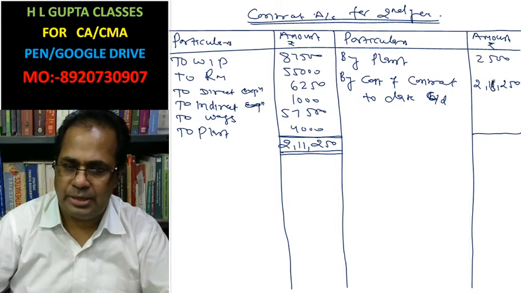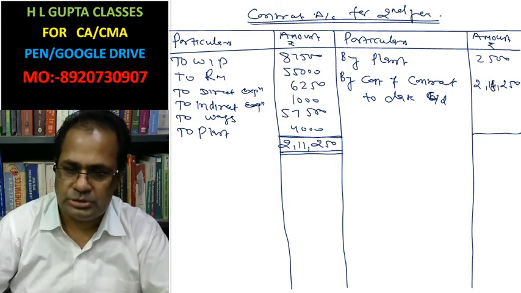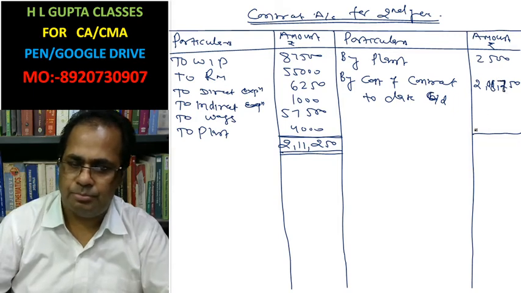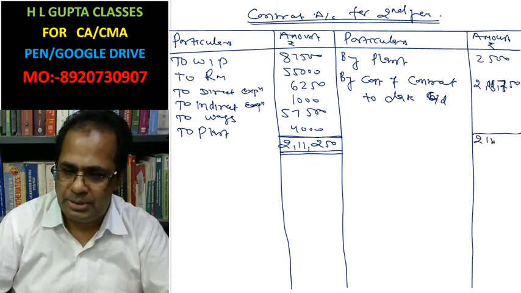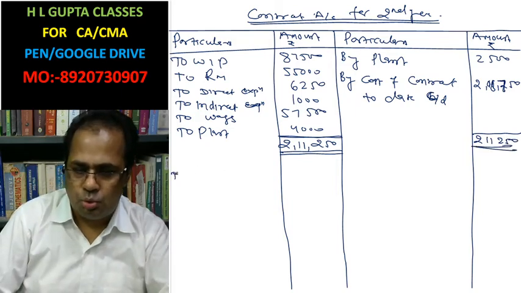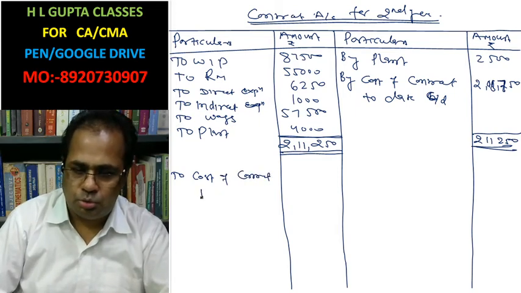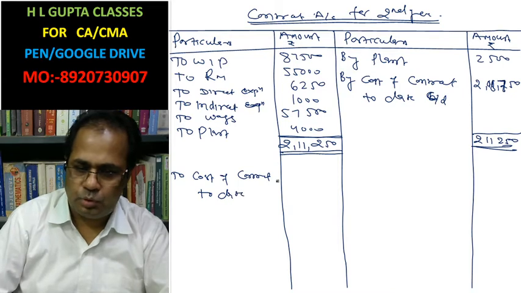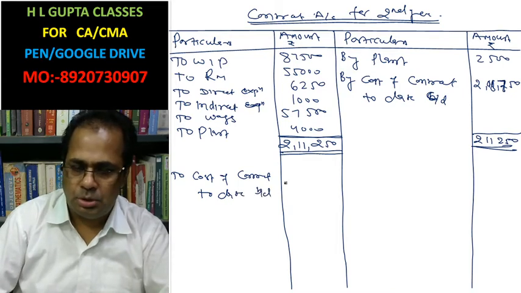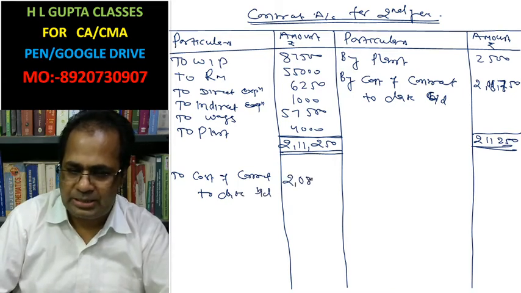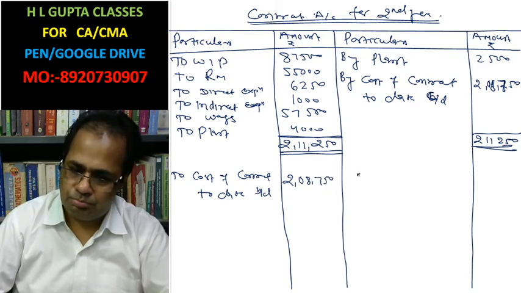Now, to cost of contract to date brought down 2,08,750.